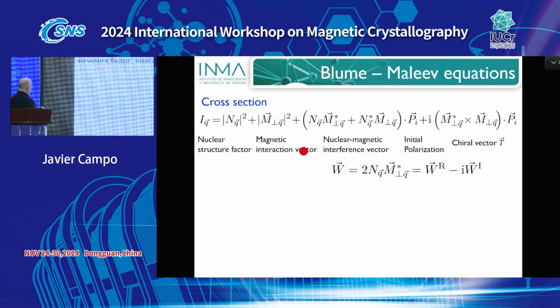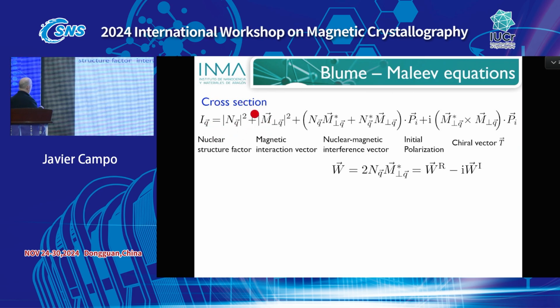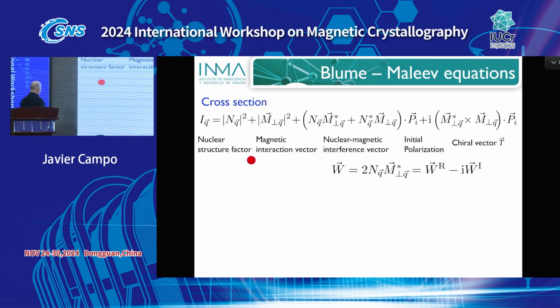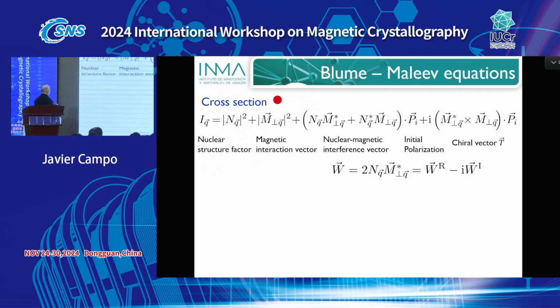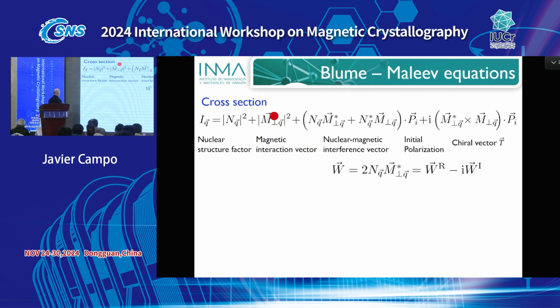We arrive at the first Blume-Maleev equation, which is the total scattered intensity in a given direction labeled with the scattering vector. It is the modulus squared of the nuclear structure factor, which is written here, plus the modulus squared of the magnetic interaction vector. This we had yesterday.